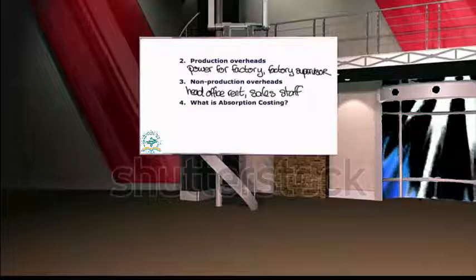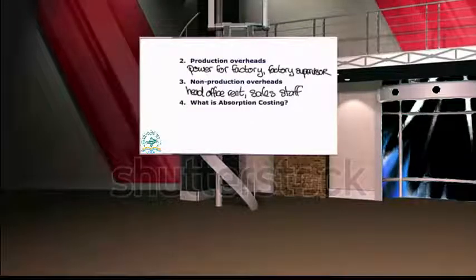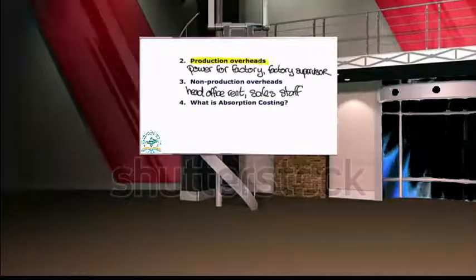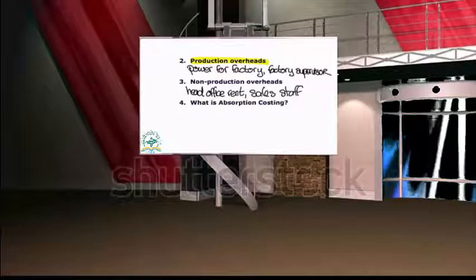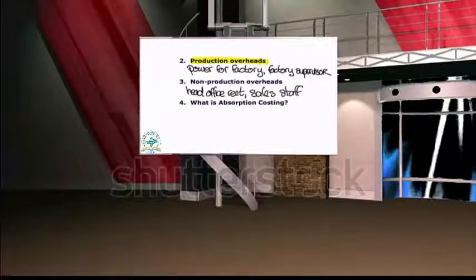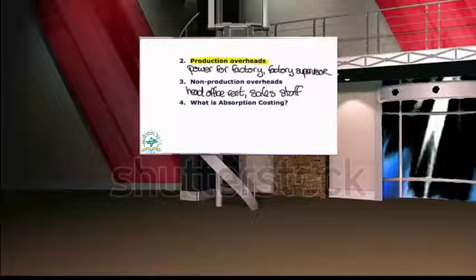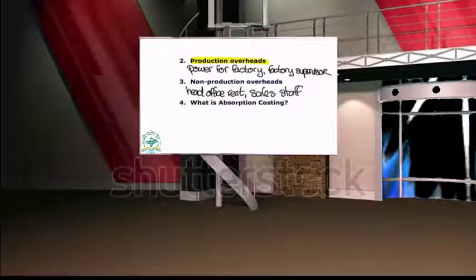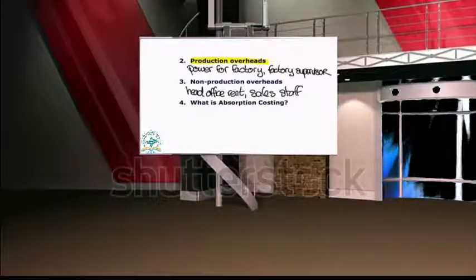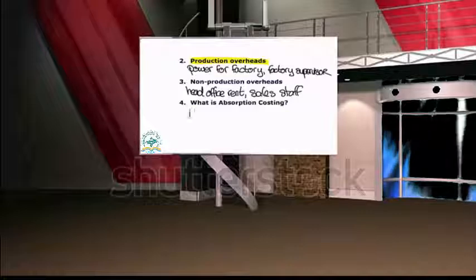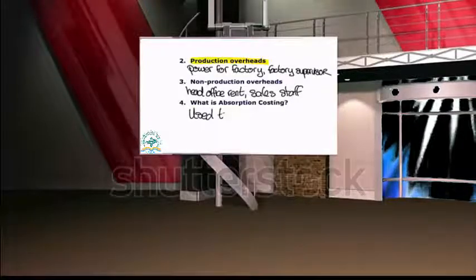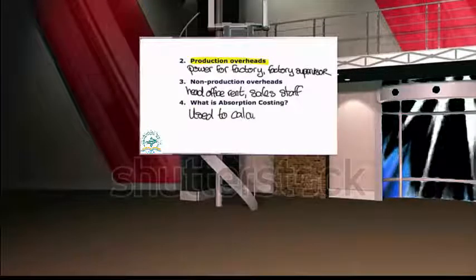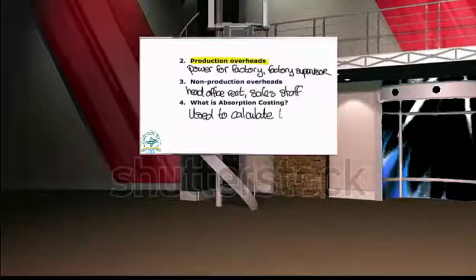Now, as I've said, in this chapter we are going to be focusing on our production overhead costs. And what we are really doing in an absorption costing system is finding some way to calculate the full production cost per unit.